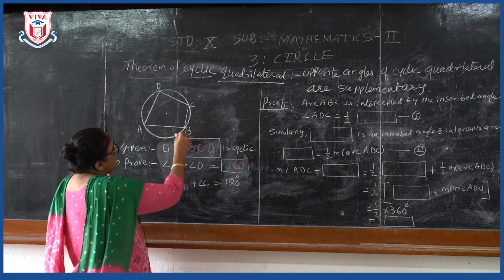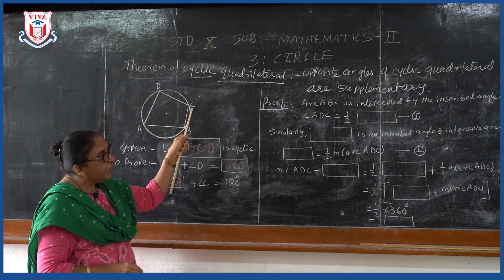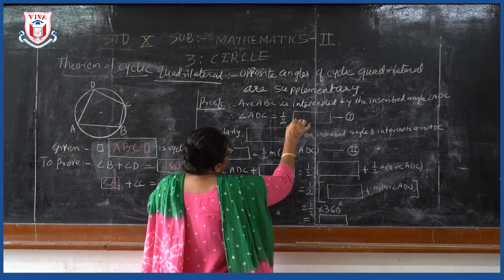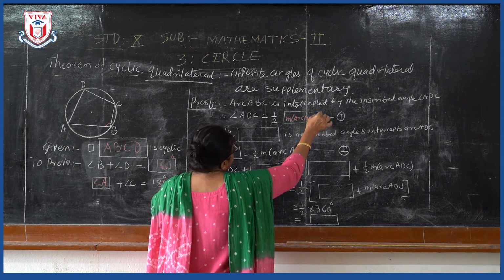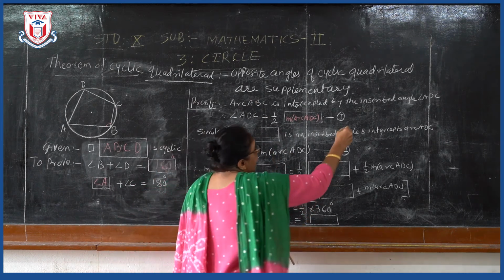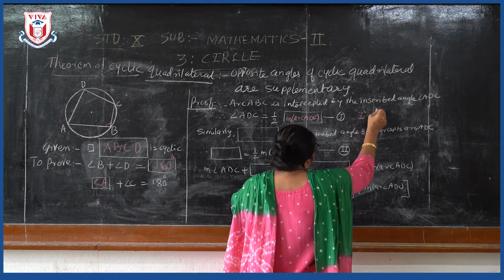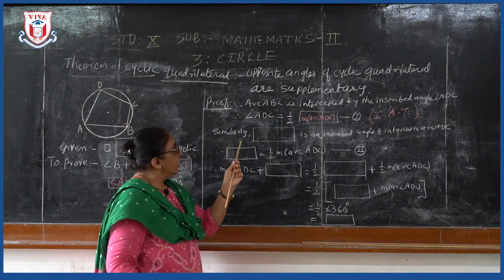Angle ADC will be half major arc ABC, and this can be proved by using the inscribed angle theorem. So, this is the reason.